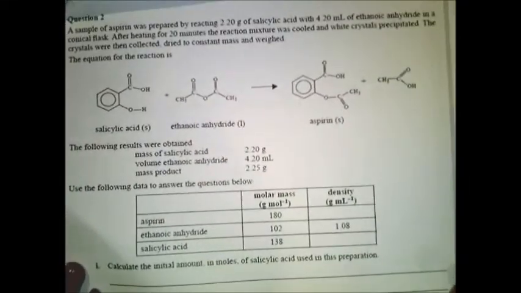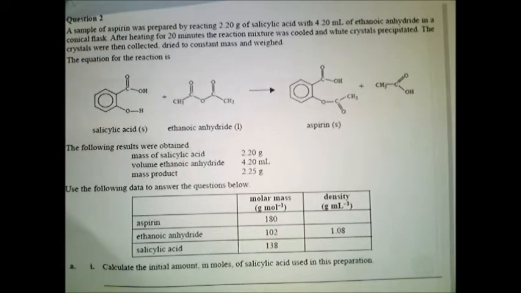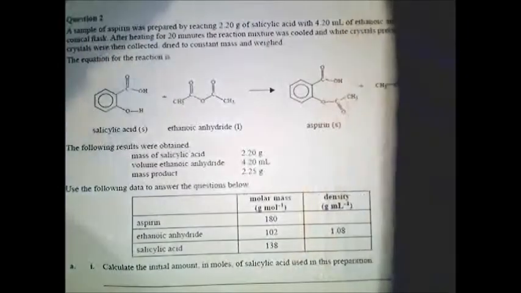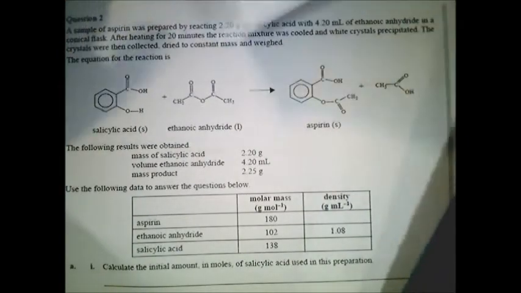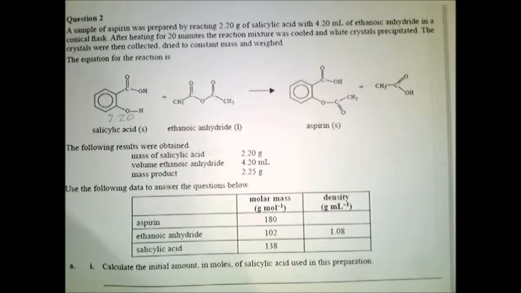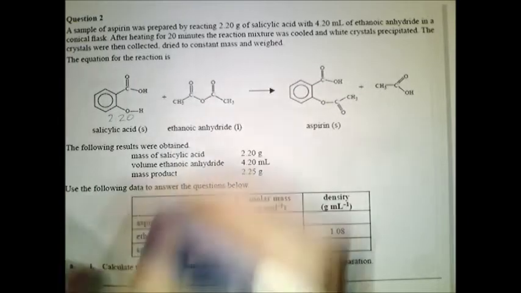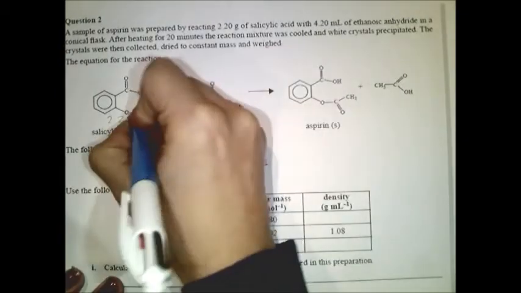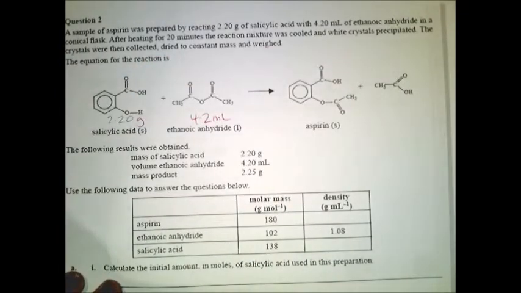Okay, so let's start going through some practice questions. A sample of aspirin was prepared by reacting 2.2 grams of salicylic acid with 4.2 mL of ethanoic anhydride in a conical flask.